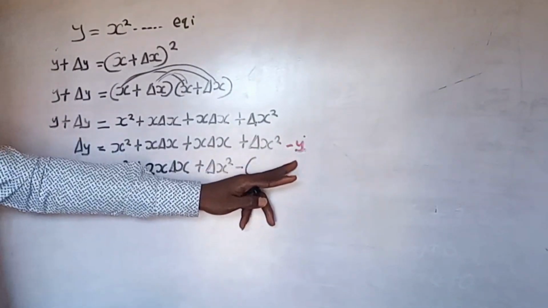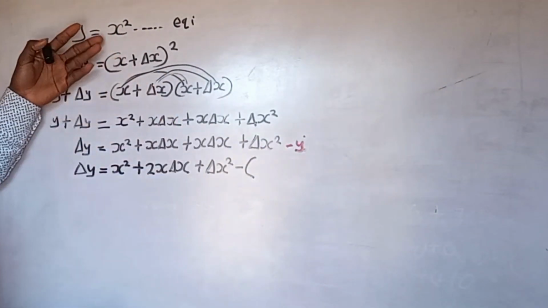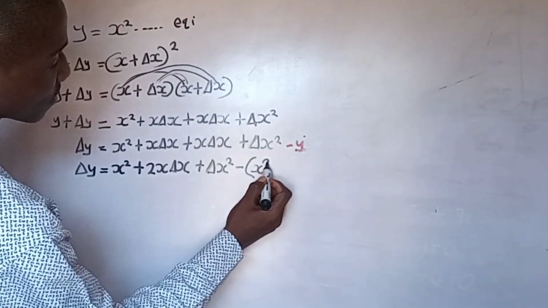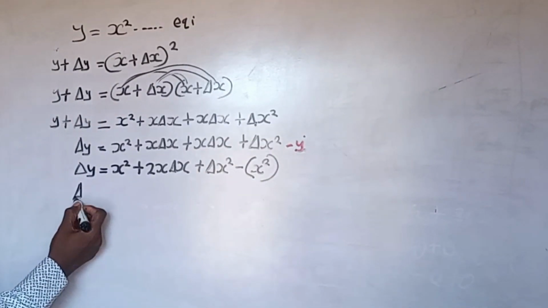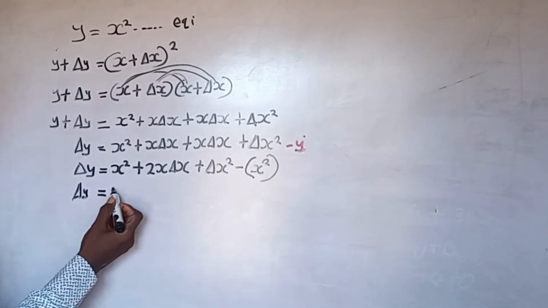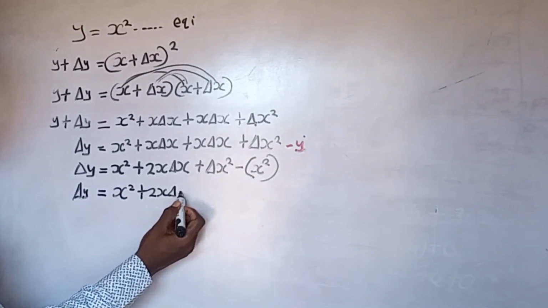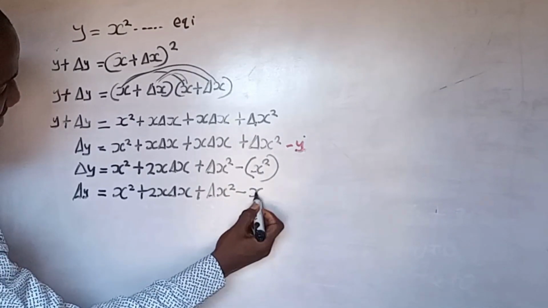You know that from our equation 1, y equals x squared. So instead of this y, we are going to input x squared. So now delta y equals x squared plus 2x delta x plus delta x squared minus x squared.